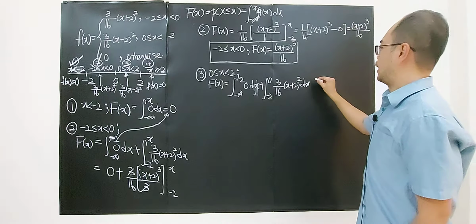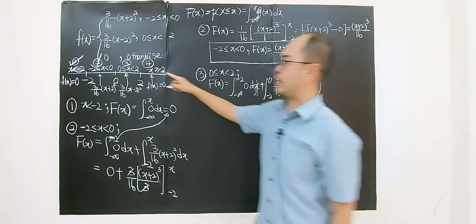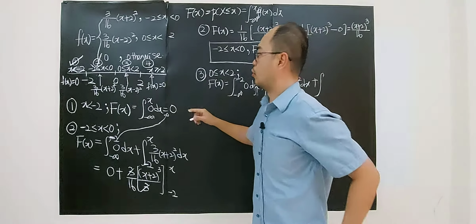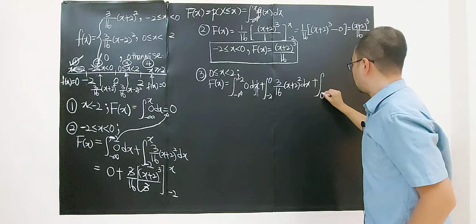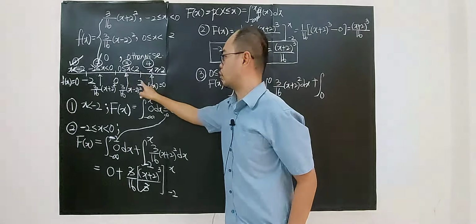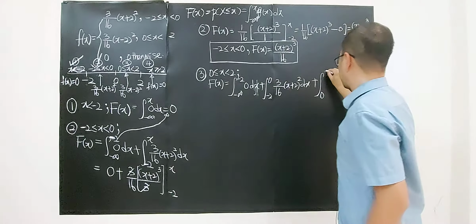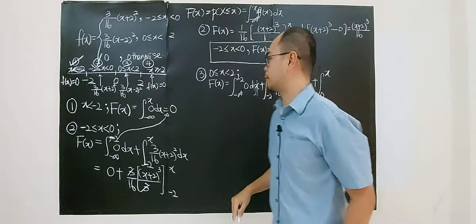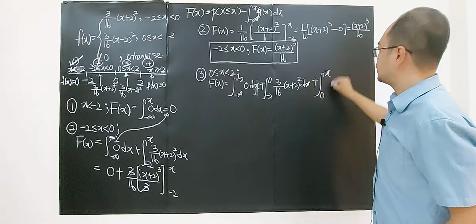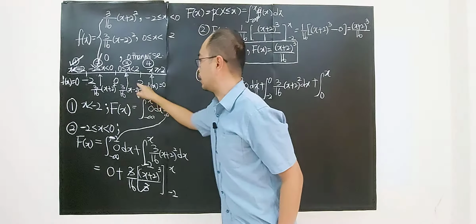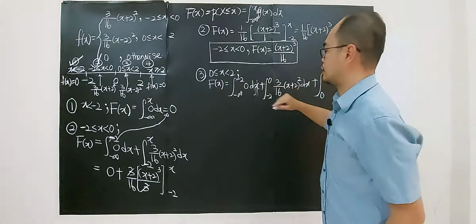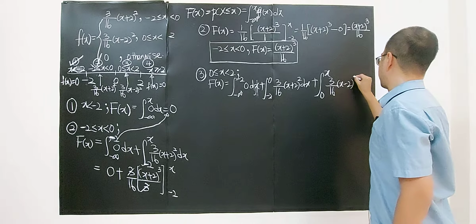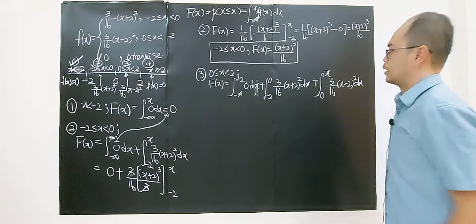Alright, now go for the third one. Now I never put tick for this one because now we are at third interval. So we should integrate from 0, but not 2. We should end at x because we not yet go to 4, right? So up to x only. So during this time, what is your function? Your f(x) is 3 over 16 x minus 2 to the power of 2 dx, right?